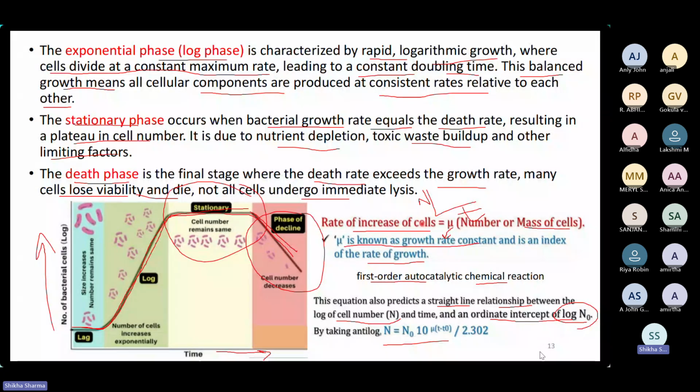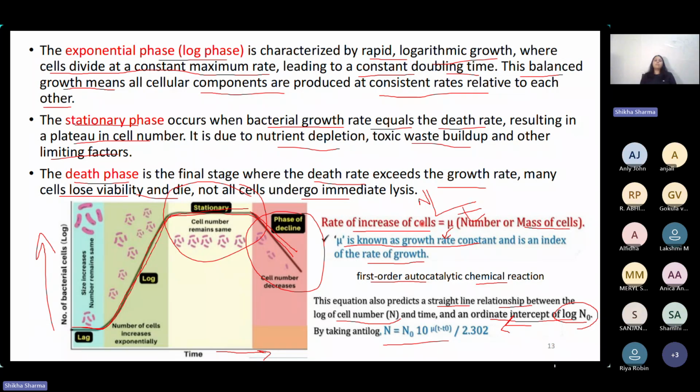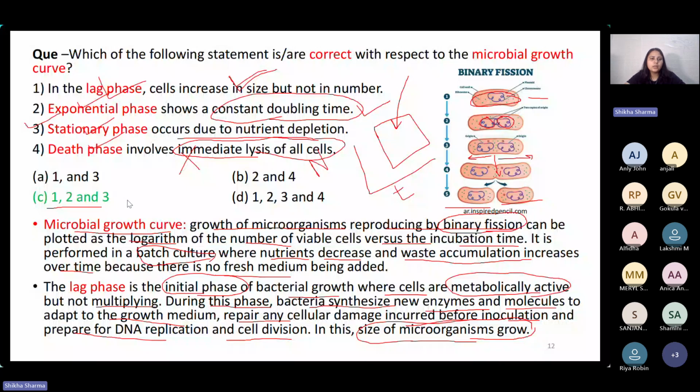Mathematically we can write the equation like this, because we are saying that the microbial growth rate is similar to a first order chemical reaction. So here only 1, 2 and 3 are correct and the fourth option is not correct.